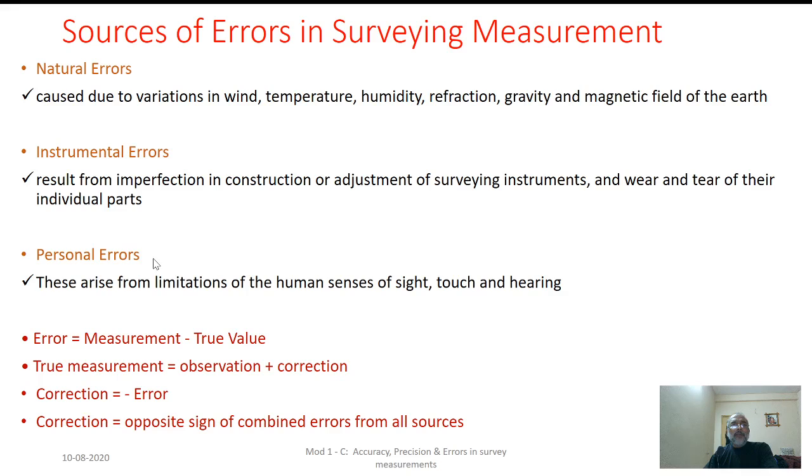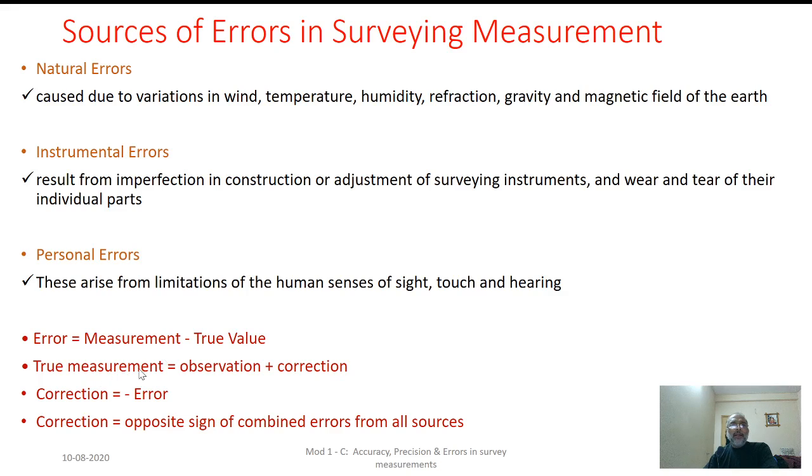So to say, because of the natural, instrumental as well as personal errors, there has to be some error. Hence, this error can be expressed as the difference between the measurement which is actually had and the true value, that is the measurement which we perceive to have.